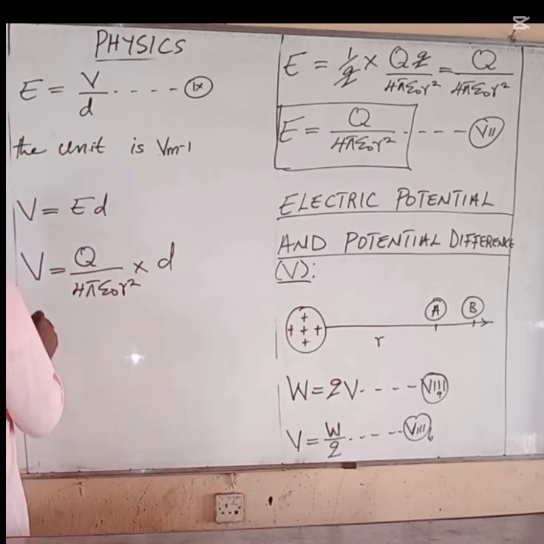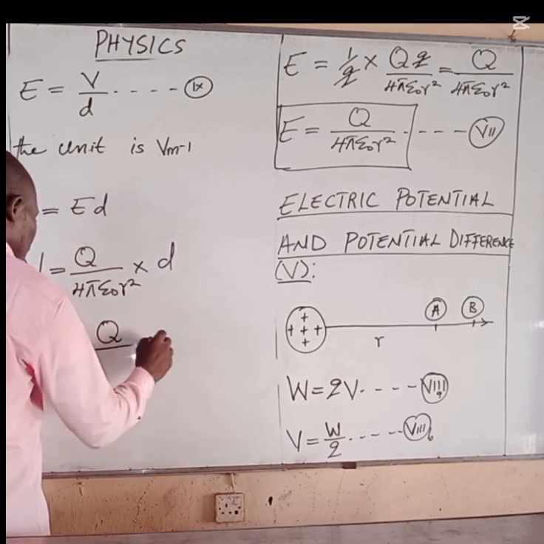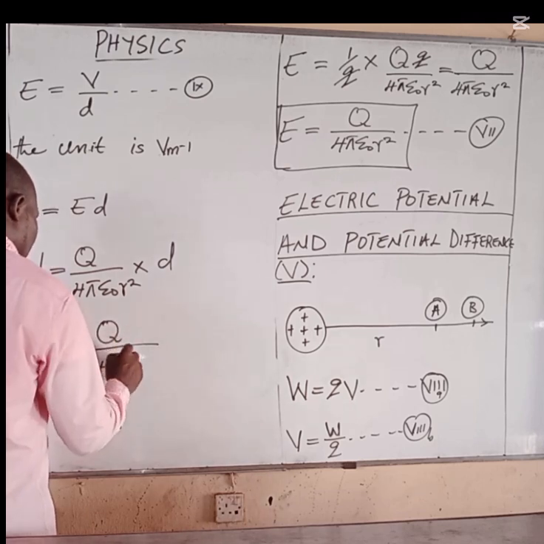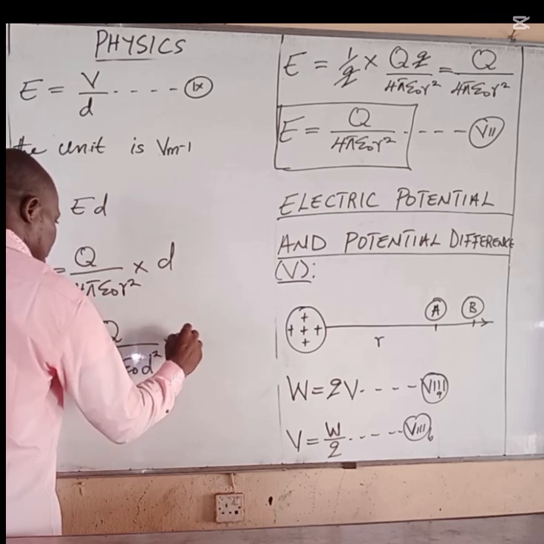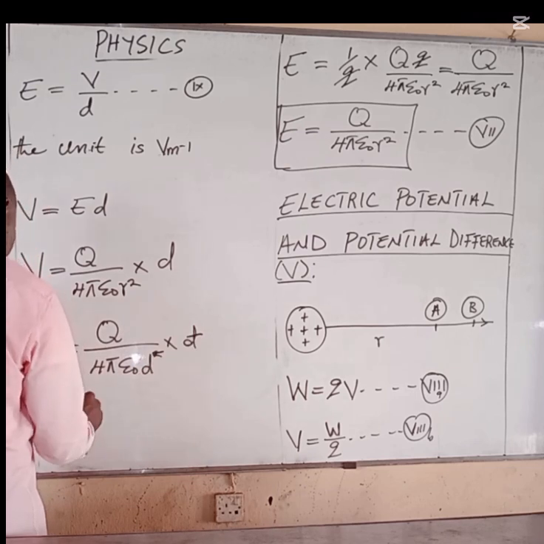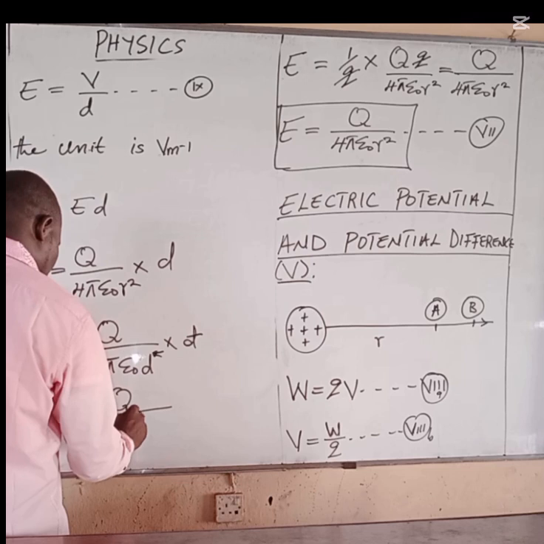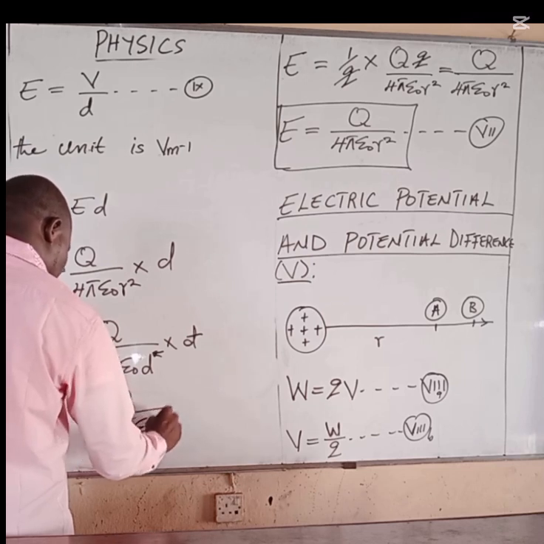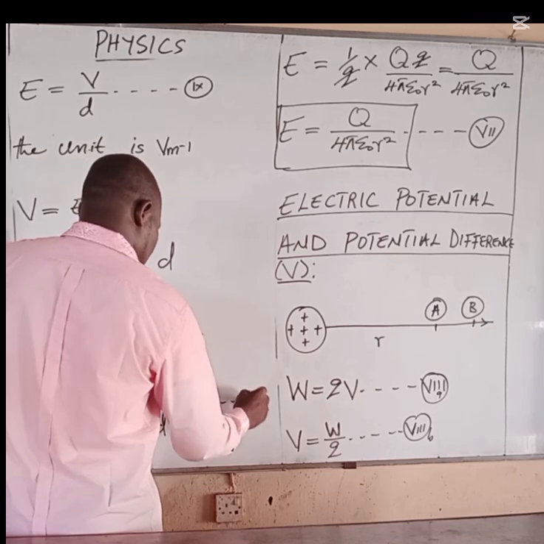So this equation becomes V equal to Q all over 4 pi epsilon naught D square times D. This square will cancel this D, so that we are left with V is equal to Q all over 4 pi epsilon naught D. I can call this equation 10.